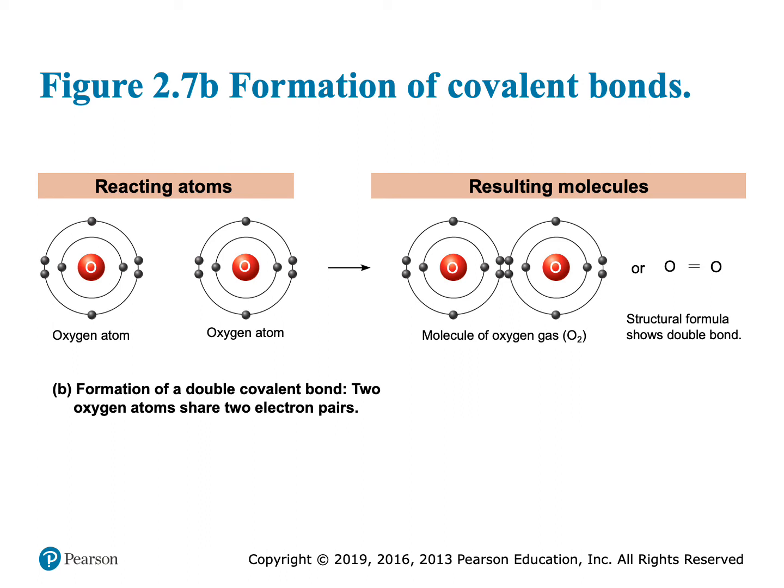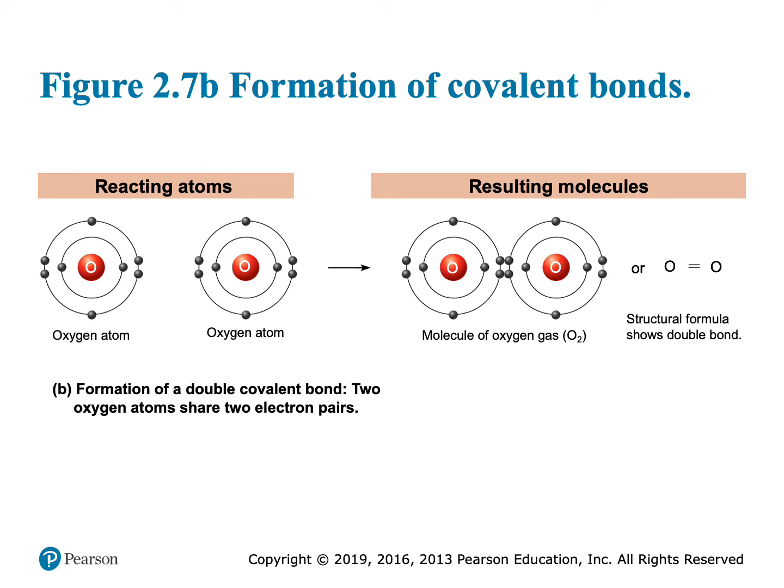So, on that previous one, they each shared 1 electron. So, the carbon shared 1 of hydrogen's electrons. Hydrogen shared 1 electron. That was a single bond. Okay, oxygen has 6 electrons. 1, 2, 3, 4, 5, 6.